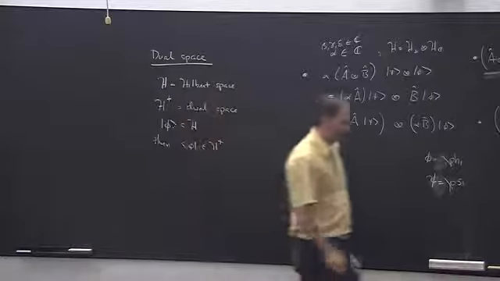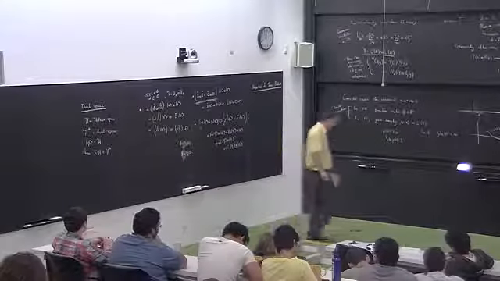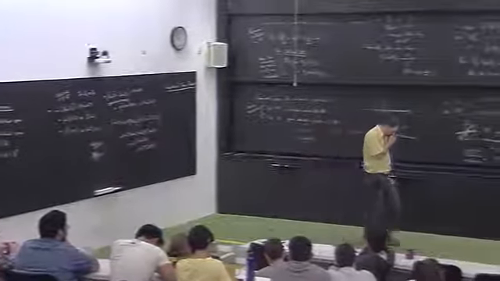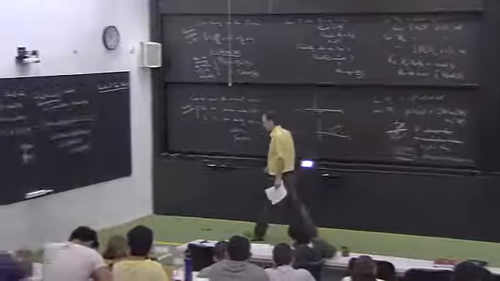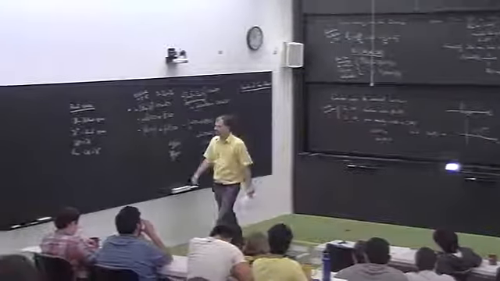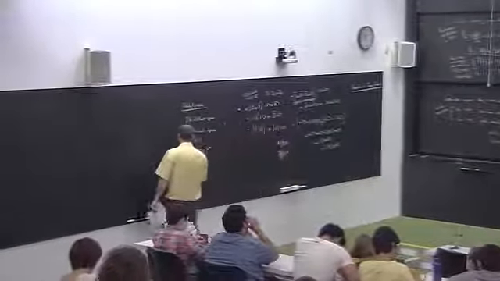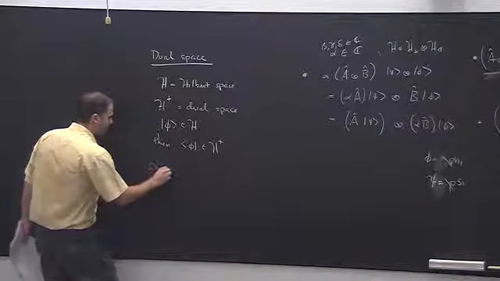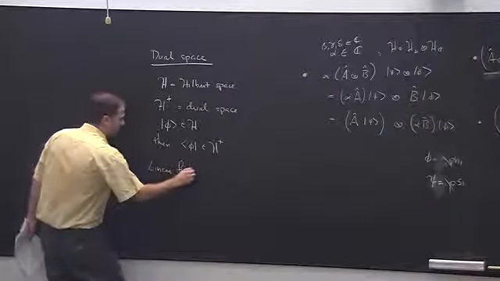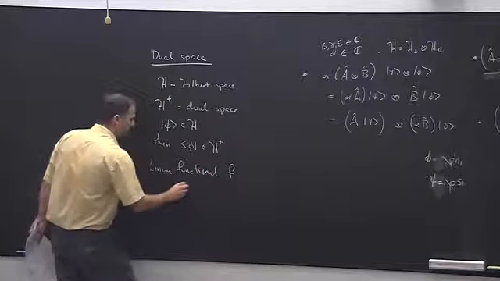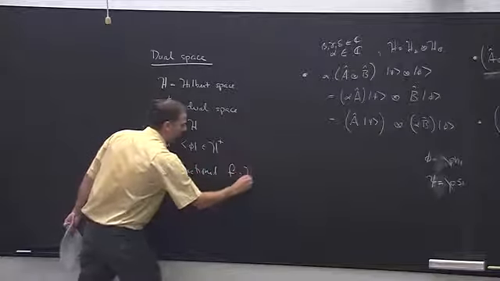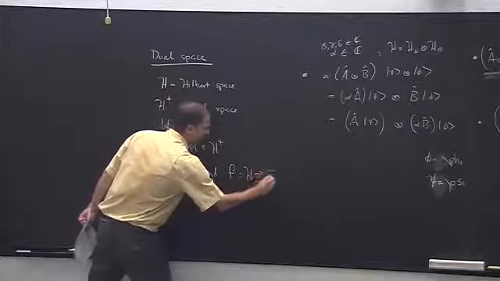Okay, so now what is the dual space? The dual space is the space of linear functionals acting on the Hilbert space. Okay, so if I have some object f, a linear functional, f is a map from the Hilbert space to the scalars.